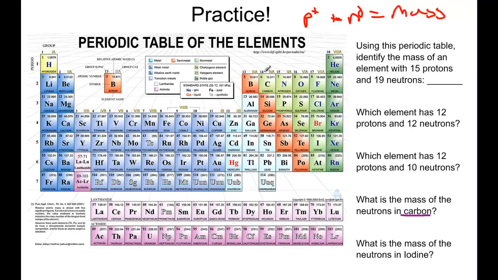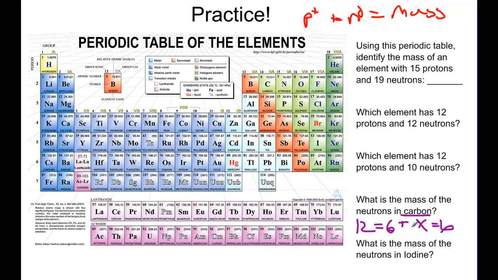So if I have 6 protons, the mass is 12. Let's plug into our formula. So 12 equals 6 plus x, our unknown. So the mass of the neutrons will be our unknown. 12 equals 6 plus x. Well, I think most people could do this in their head, and they'll find that x equals 6.